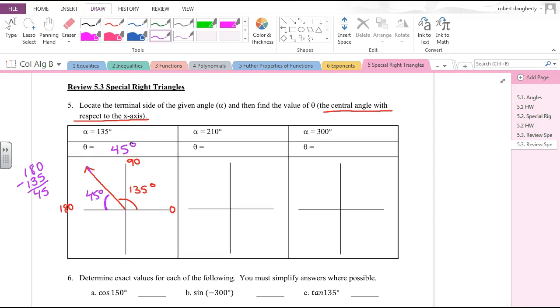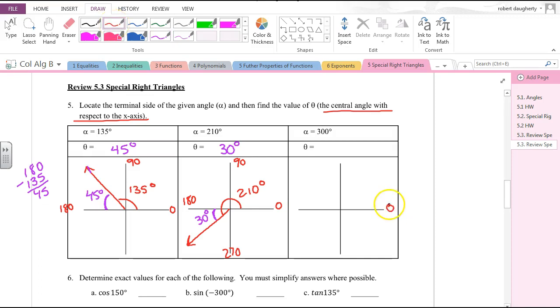210 degrees. So 0, 90, 180. So 210 is going to have to be in the third quadrant. So that's what 210 degrees looks like, okay? The central angle, the closest x-axis, that's right here. So what's the difference between 180 and 210? That is 30 degrees. So that has a 30-degree central angle. 300 degrees.